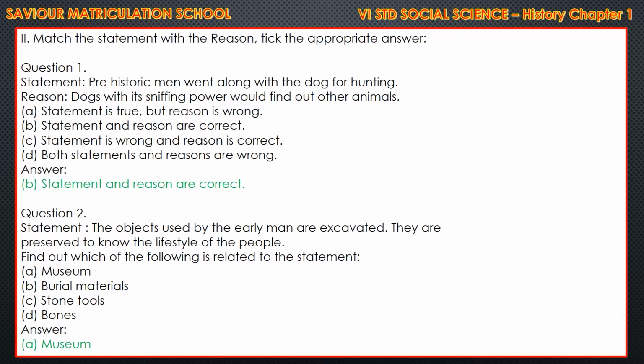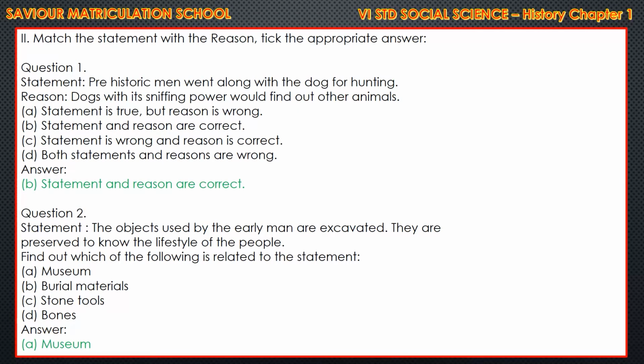So, the correct answer in the option is B. Now, the next statement is, the objects used by the early men are excavated. They are preserved to know the lifestyle of the people. Now, find out which of the following is related to the statement.